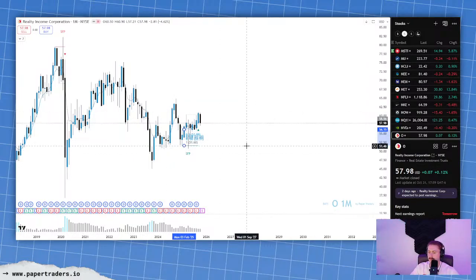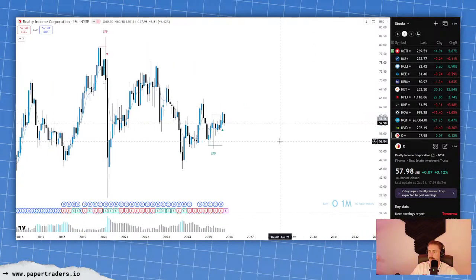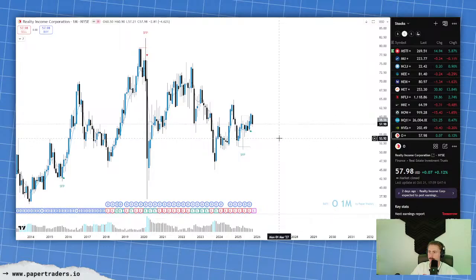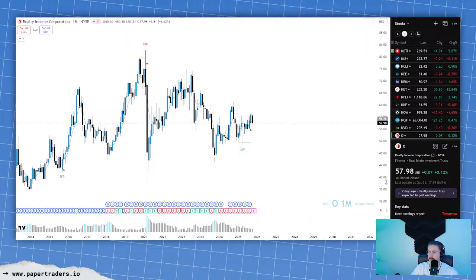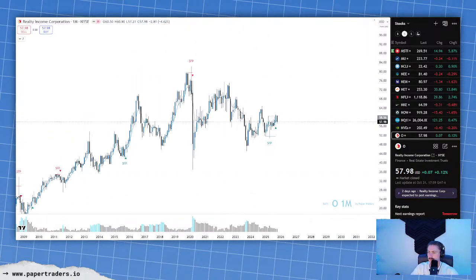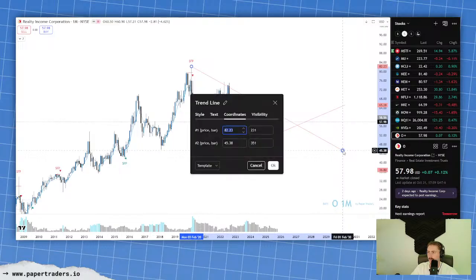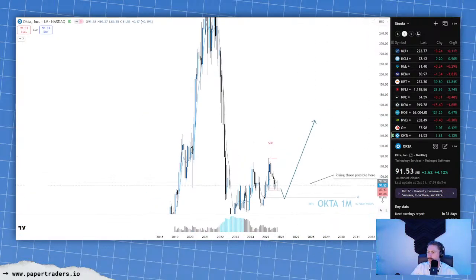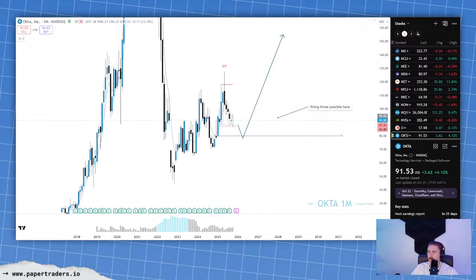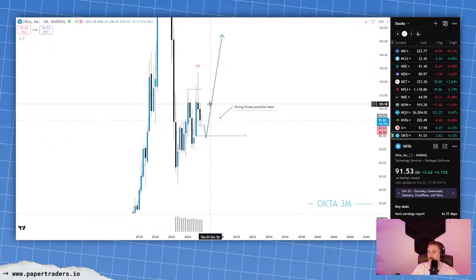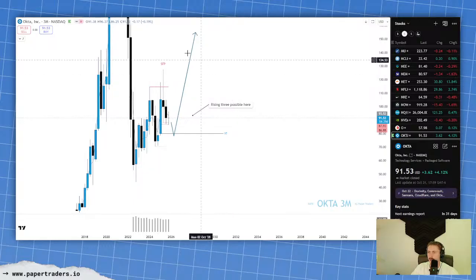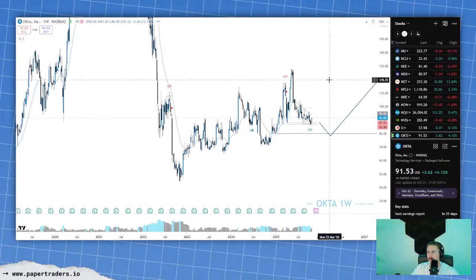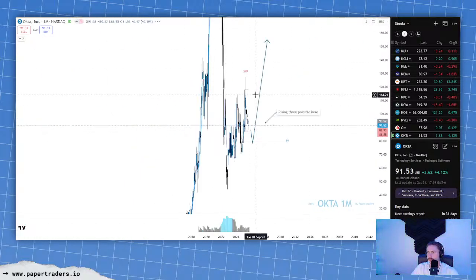Still looks fine. It's just this massive wedge on the monthly. Okta's okay. Yeah, I still like Okta. Rising 3 possible on this quarterly is what we were saying. You guys missed it. Yeah, I like the weekly looks good too.